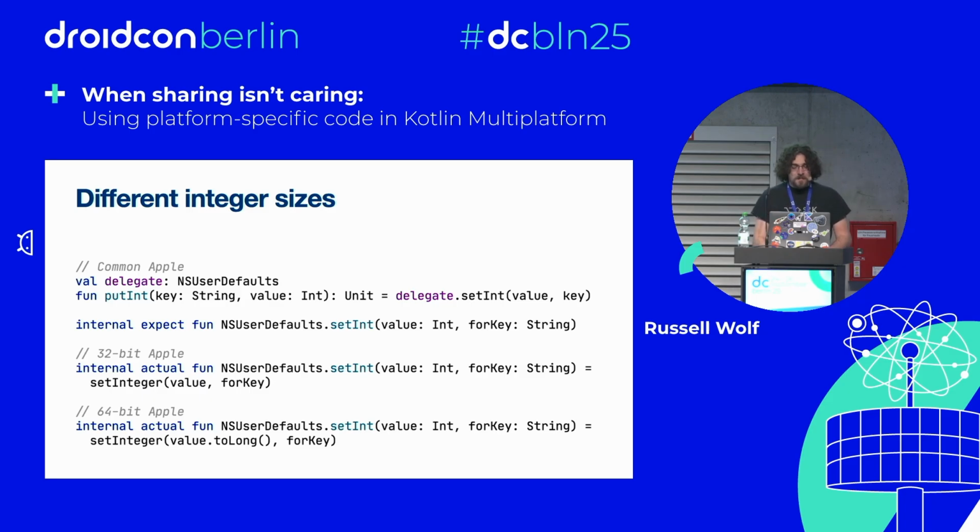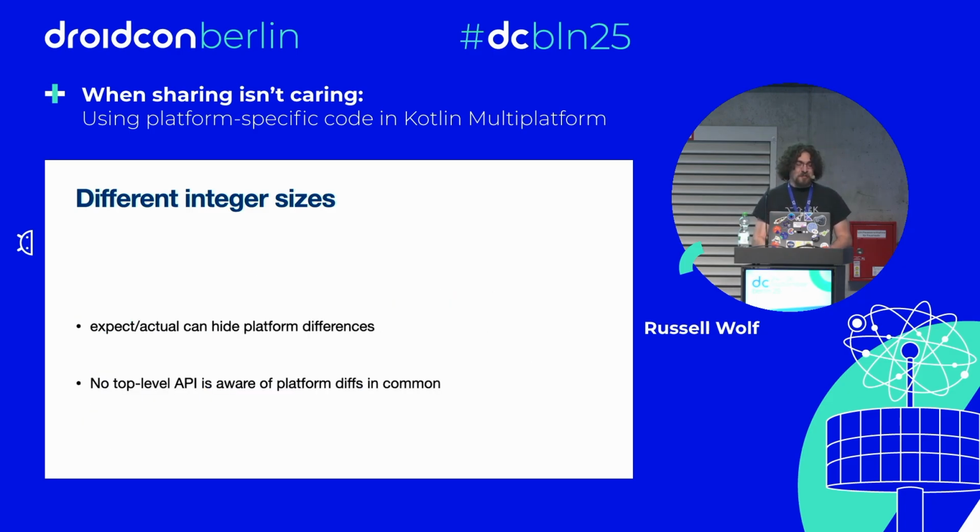Here, the expect actual is able to hide those platform differences deep within the library logic in a way that doesn't float to the API, because at the API surface, you don't really care about that difference. To contrast the previous example, sometimes you want to float the platform differences. Sometimes you want to clean that up for your users so they don't need to deal with it. And both of those are possible to do.